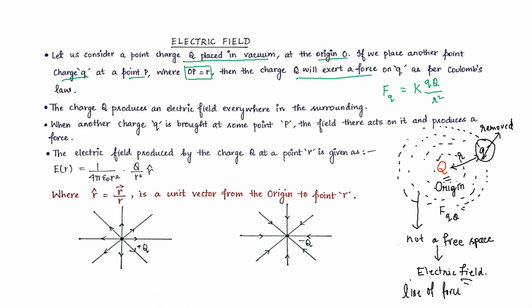The charge Q produces an electric field everywhere in the surrounding. So we understood from this that it is not a blank thing, it has something which makes the small q feel some force, and those are electric field lines which are present everywhere.